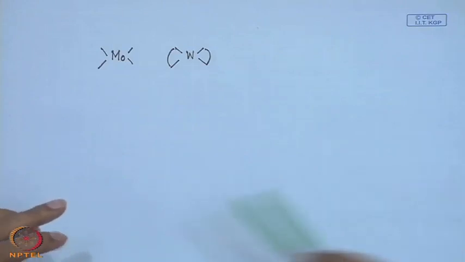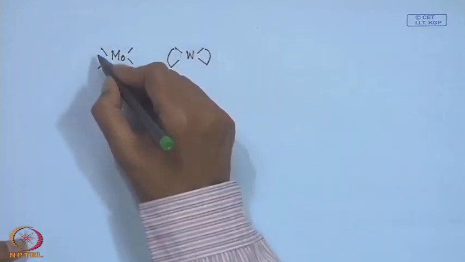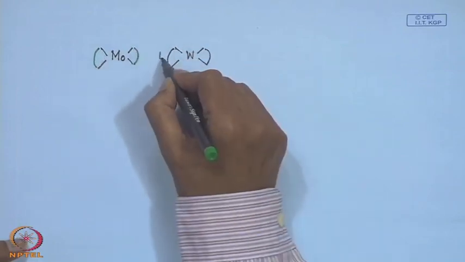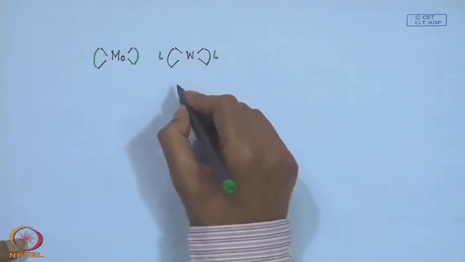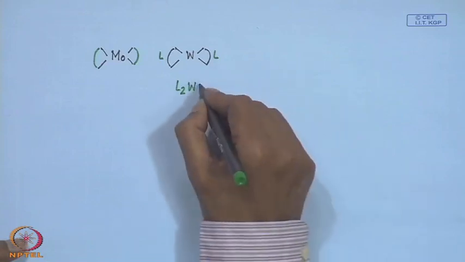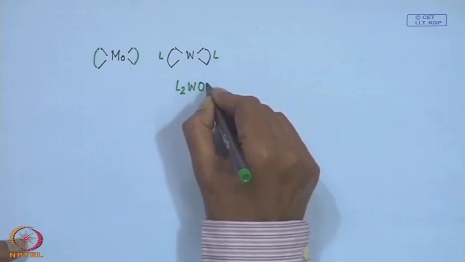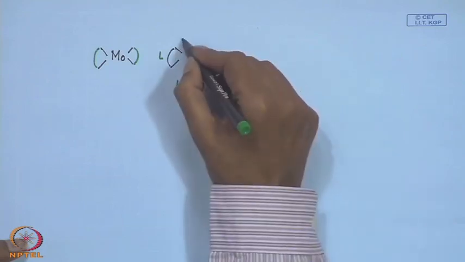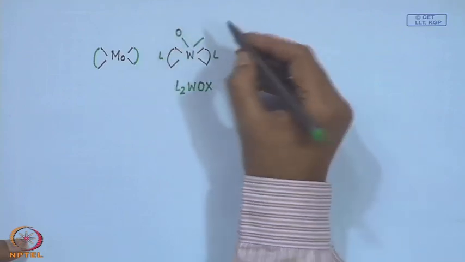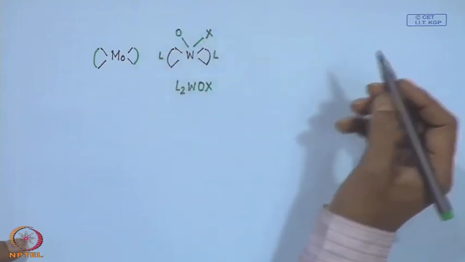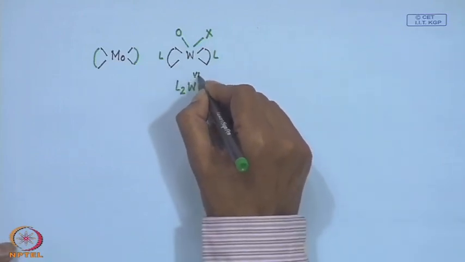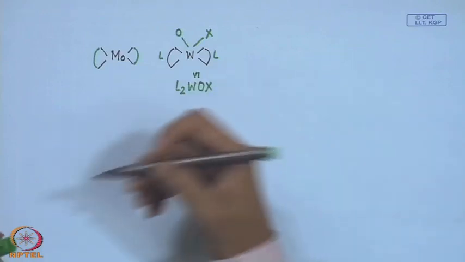So, directly we can compare with the molybdenum site, because the molybdenum also has a bidentate ligand here and a bidentate ligand here. So, this is L and this is the second L. So, L2 is there, then tungsten, then we have O and X. This O can be a double bonded O or it can be an OH function, and some X group such as chloride or some other group is also present, and molybdenum is stabilized in the hexavalent state.